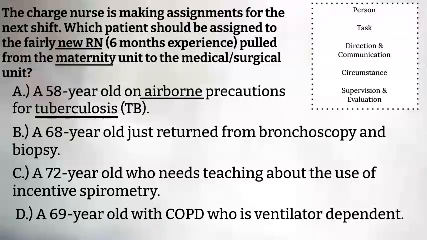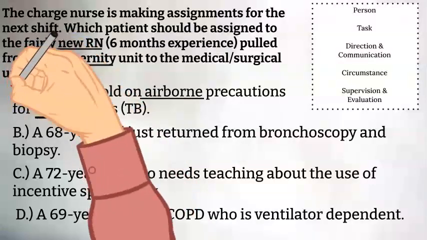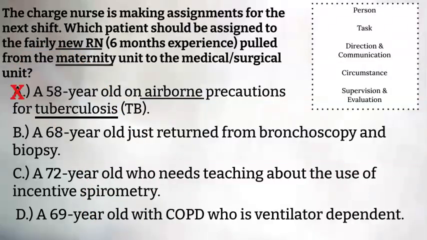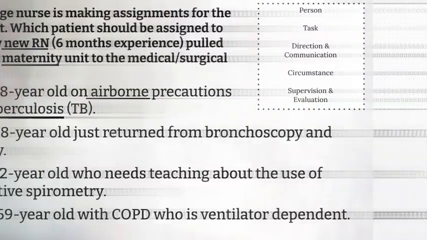So she's not the right person, nor does she have the right experience to care for this patient. In addition, if she doesn't have the knowledge on how to protect herself, then there's a possibility she will be exposed and then return to her usual maternity unit, where she'd be working with newborns with immature immune systems. Therefore, this is not the right circumstance either. We can eliminate this answer.